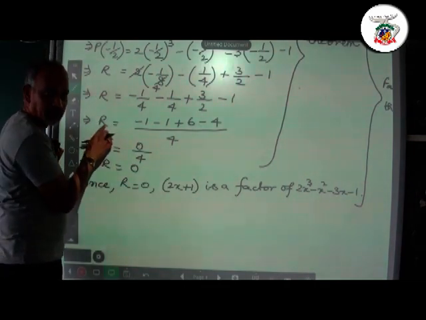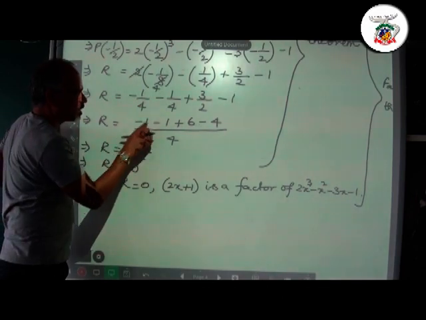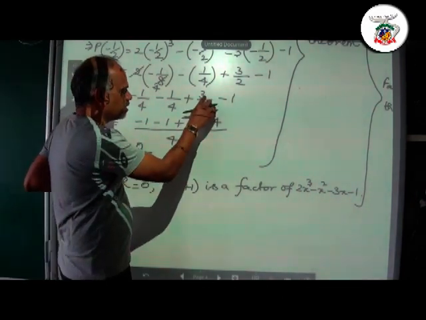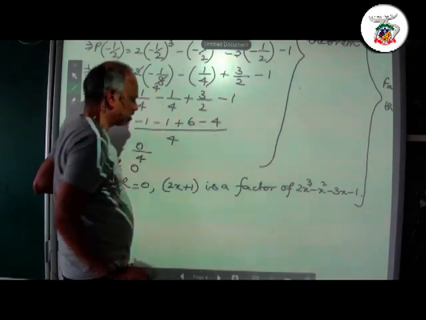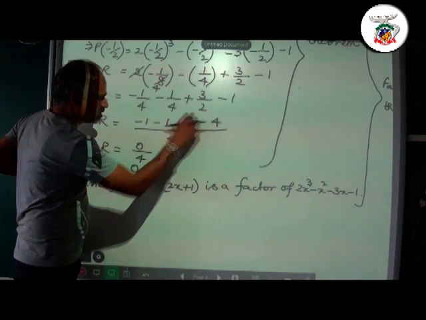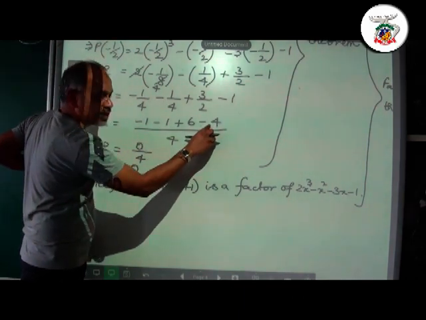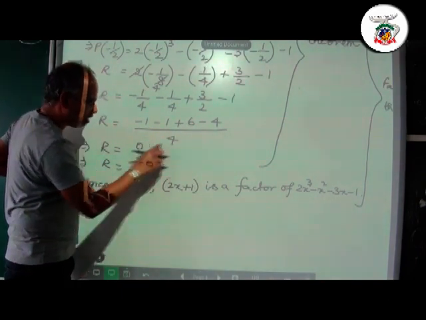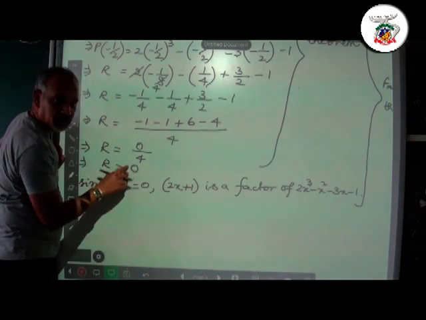So r, the remainder, is equal to, the LCM is 4, this remains the same, minus 1, this remains the same, minus 1, this has to be multiplied with 2, that gives you 6 here, and this has to be multiplied with 4, that gives you minus 4. If you see this, minus 1 minus 1 is minus 2, minus 2 minus 4 is minus 6, minus 6 plus 6 is 0. 0 divided by 4 is the remainder. That is 0 by 4, which gives you a 0.